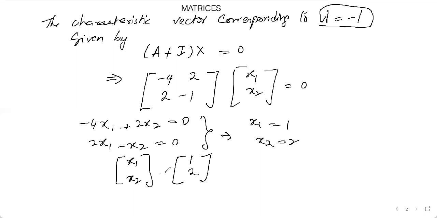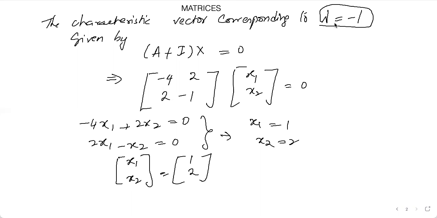Okay, so these are the eigenvectors. Okay, so we are done with lambda which is minus 1. Let us look at lambda which is minus 6. We have the other root, right?